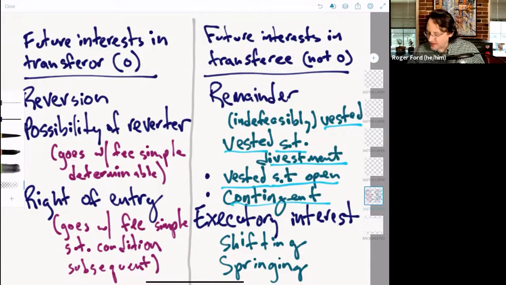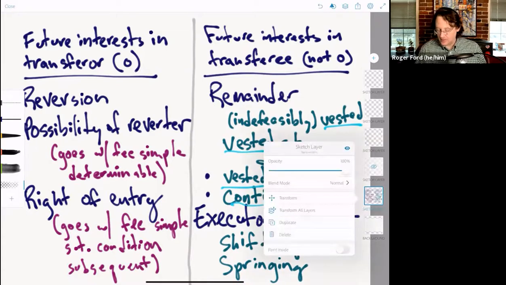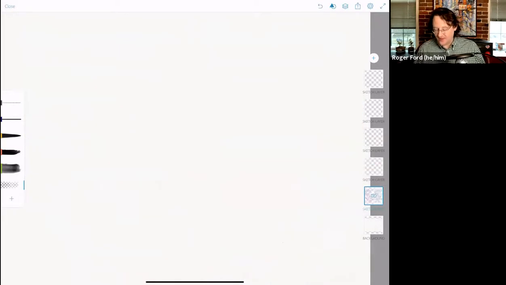So the first one, in A, we've got O conveys to A for life, then to A's children and their heirs, but if at A's death he is not survived by any children, then to B and her heirs. So take a moment and write out the state of title as of the time of the gift. And when I say state of title, again, I mean like, O has this, A has this, B has this, A's children have this, et cetera, right?